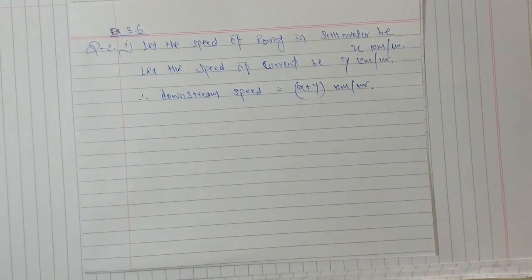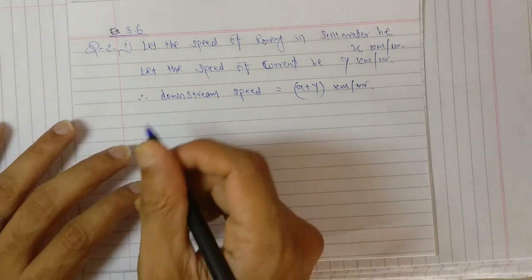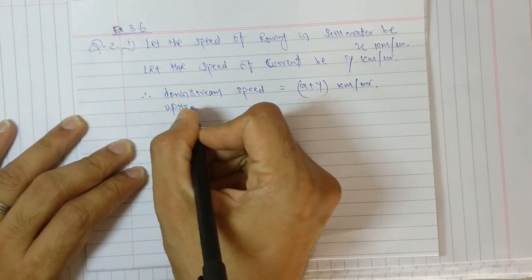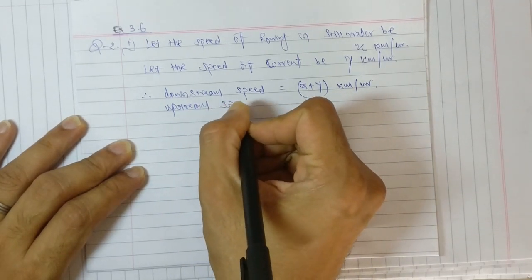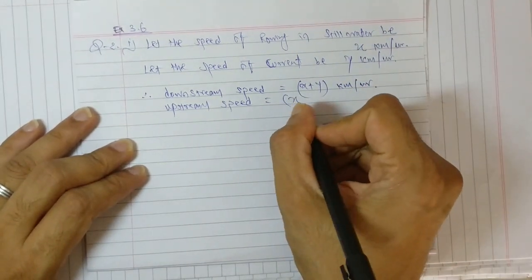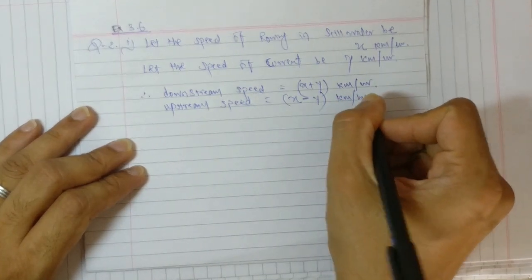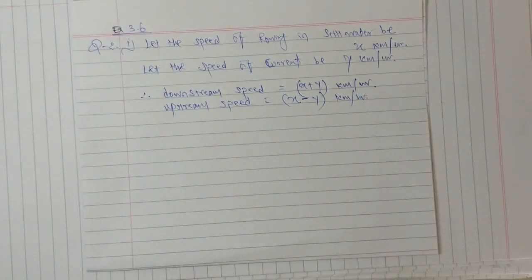Rowing downstream helps the boat move faster, because the flow is also helping the boat move ahead. What about upstream speed? Upstream speed will be speed of boat minus speed of current, x minus y kilometer per hour. Downstream speed is x plus y kilometer per hour.